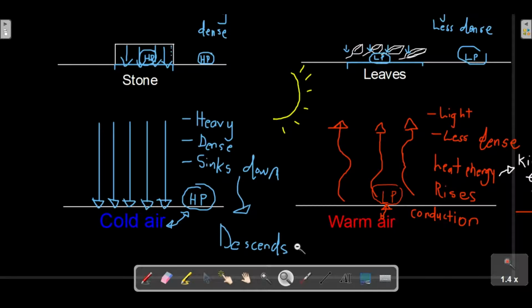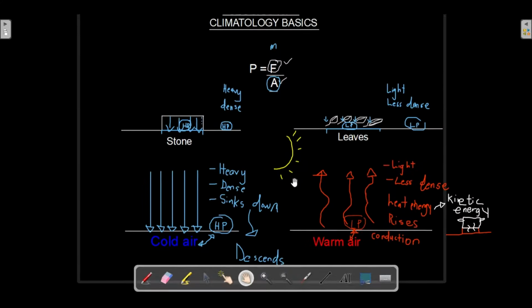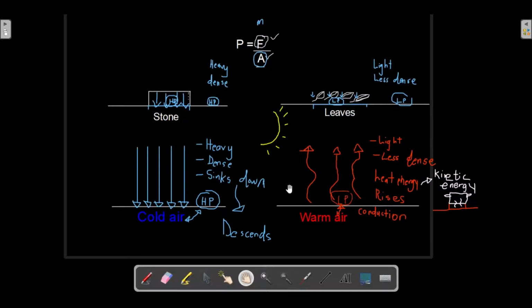Now, the weather systems that you learn about in grade 12, your mid-latitude cyclone, your tropical cyclones, this is what is happening in that system. That's what is created, that huge system that you see. It started here.